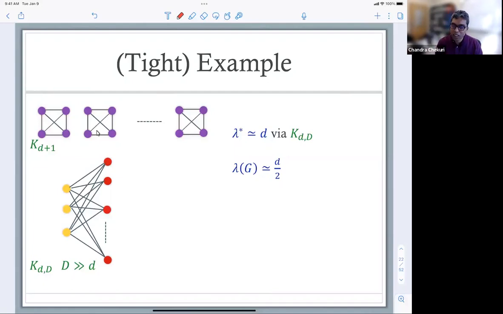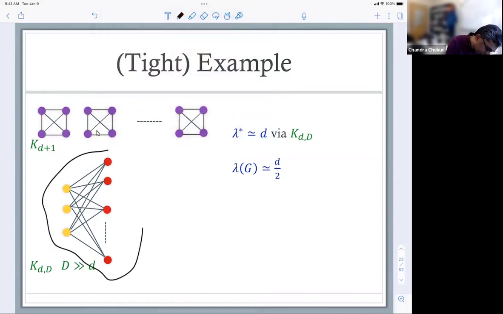So what is the densest subgraph in this example? You can look and see that this is the densest subgraph. Why? Because if you look at the density, the average degree of everybody is roughly d. The number of edges in this bipartite graph is d times d, and how many vertices are there?